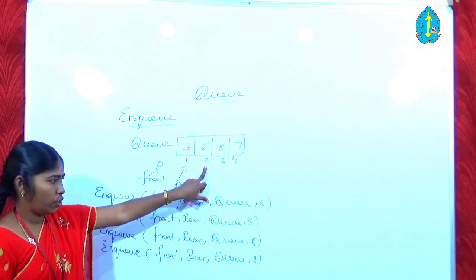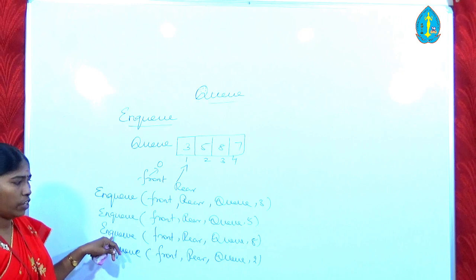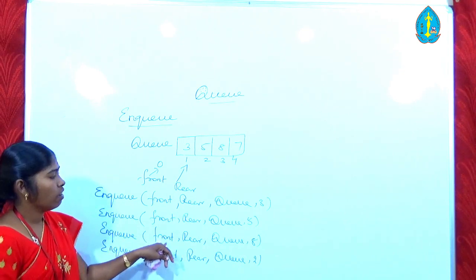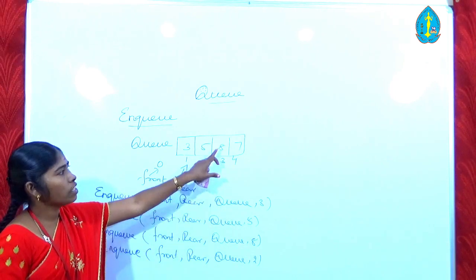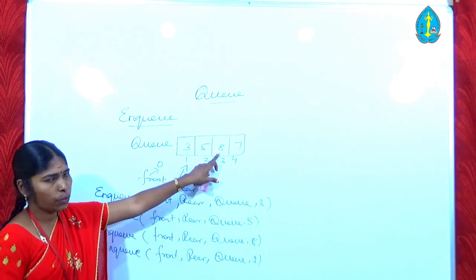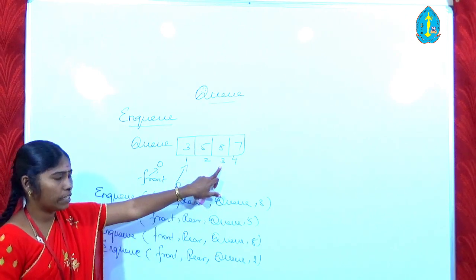Then the third item is inserted: we pass the front and rear, and the value is 8. Now 8 is inserted in the queue and the rear pointer is automatically incremented by 1.